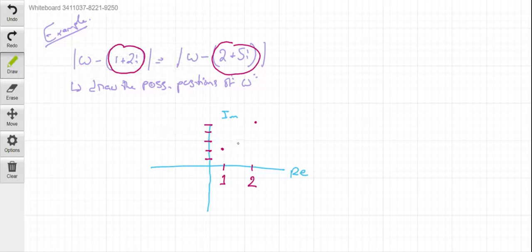So in other words, W is supposed to be equidistant from these 2 points. So let's say one of the possible points of W could be somewhere right in the middle of the line that is connecting these 2 points. But just like the previous example, it could be this point as well, as long as this distance is equal to that.